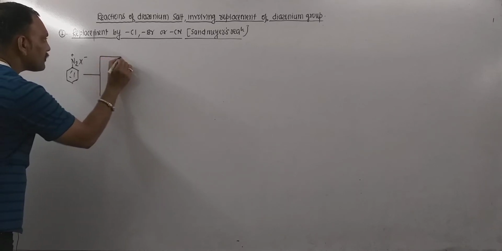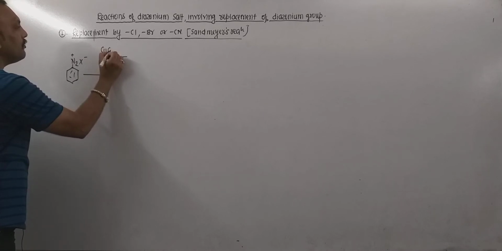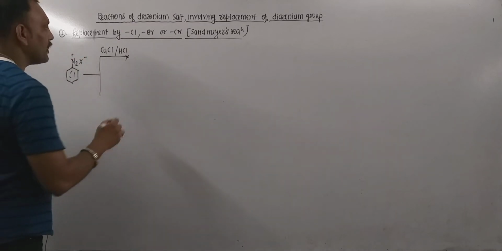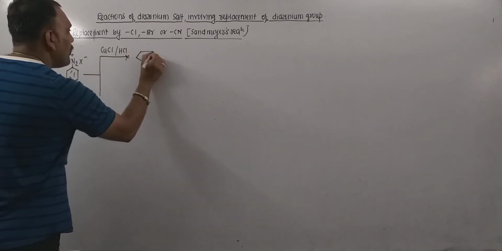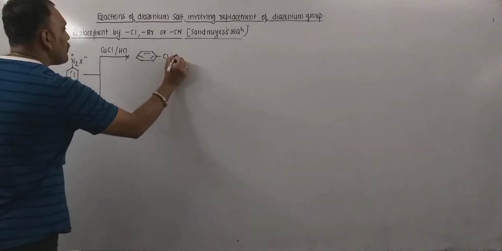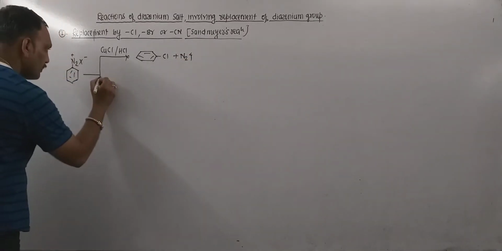When we treat this benzene diazonium halide with CuCl and HCl, then the entire diazonium group gets replaced by chlorine, and thereby formation of chlorobenzene takes place with the departure of N2 gas.